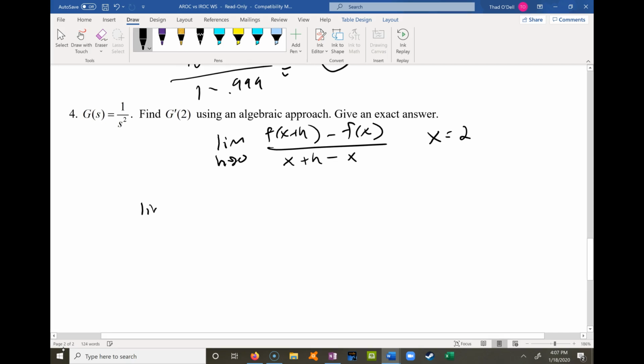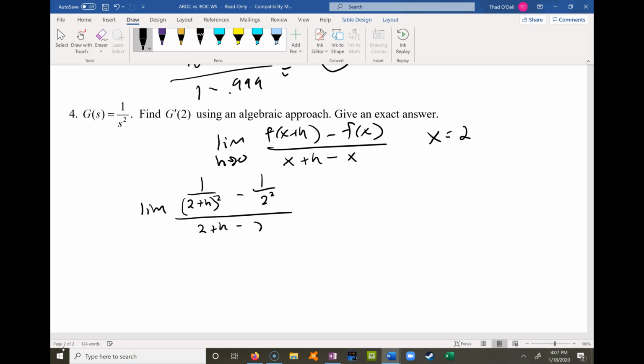So that's going to be the limit of 1 over 2 plus h squared minus 1 over 2 squared all over 2 plus h minus 2 as h approaches 0. So see how I'm replacing x with 2, and I'm replacing f with 1 over x squared.